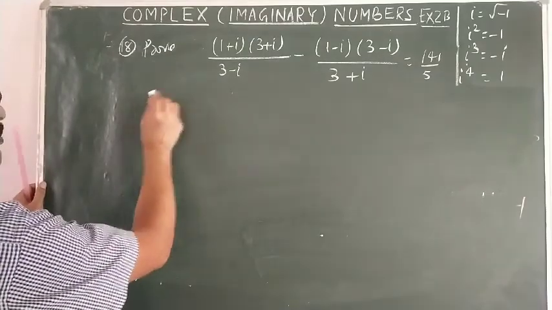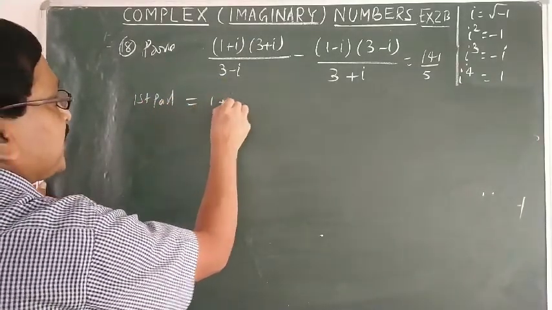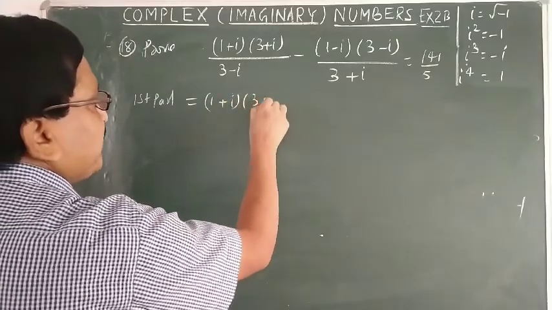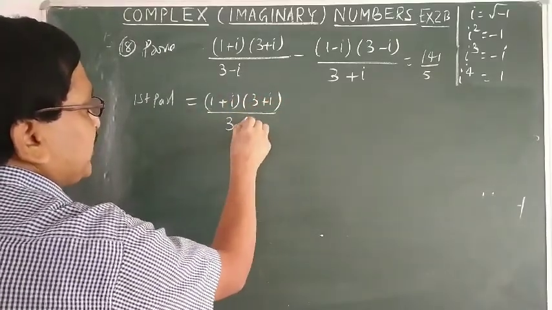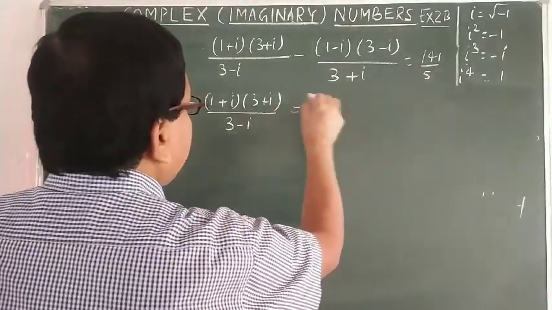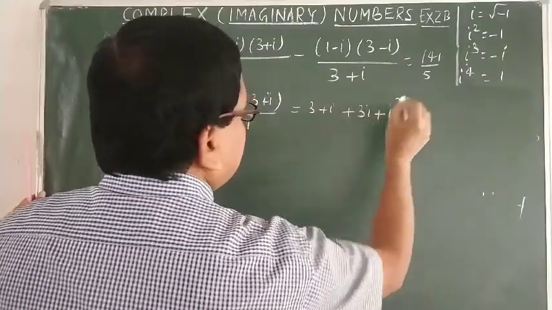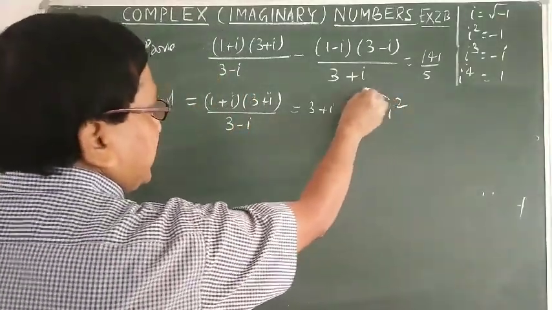Now we are starting from the first part. The first part is (1 + i)(3 + i)/(3 - i). First of all we multiply this. This is 3 + i + 3i + i square. Now i square is equal to minus 1.